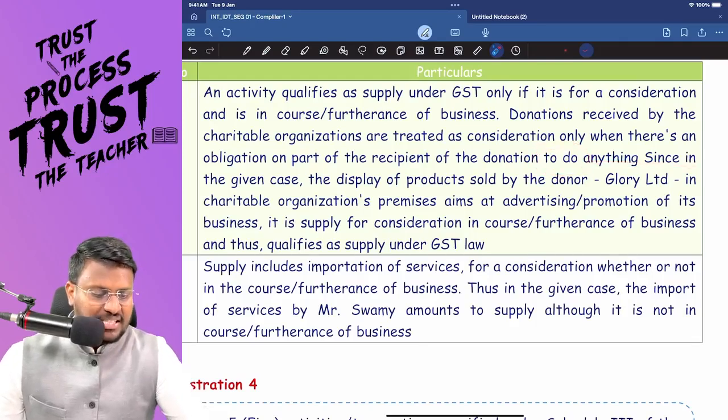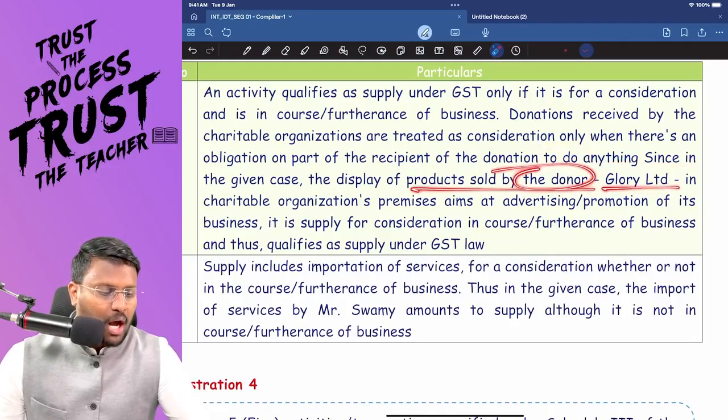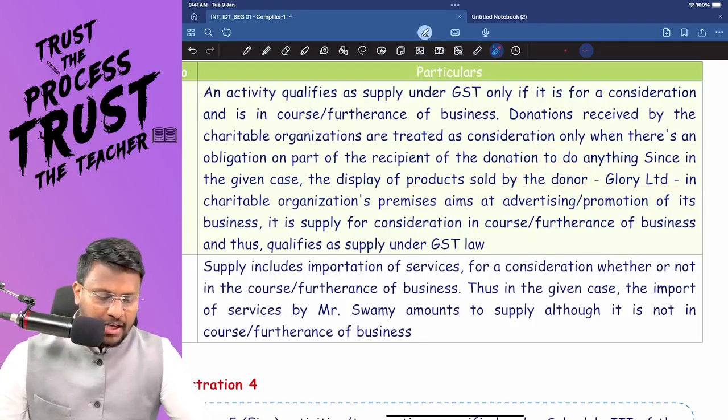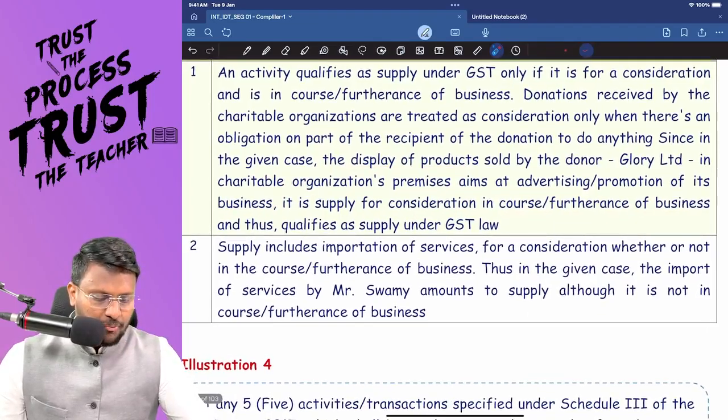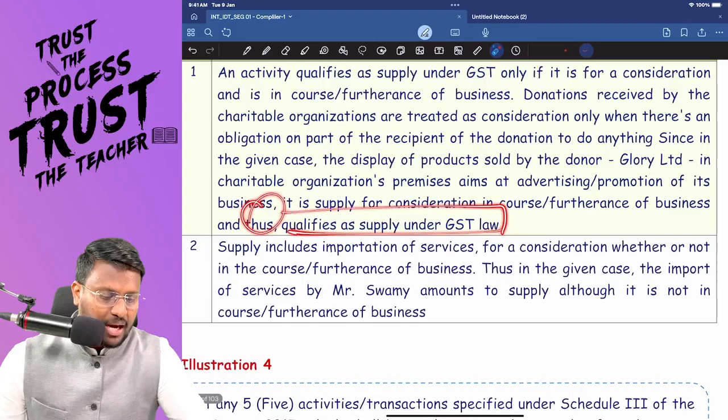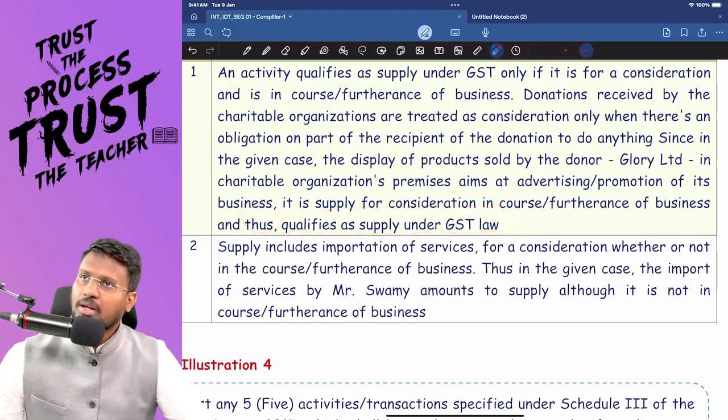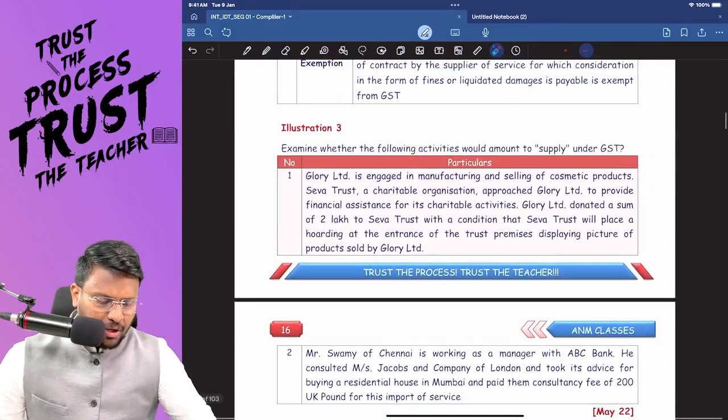Since in the given case, display of products sold by the donor, that is Glory Limited, in the charitable organization's premises aims at advertising or promotion of its business, it is a supply in the course or furtherance of business and thus qualifies as supply under the GST law. Comfortable, sir? Second part of the question.